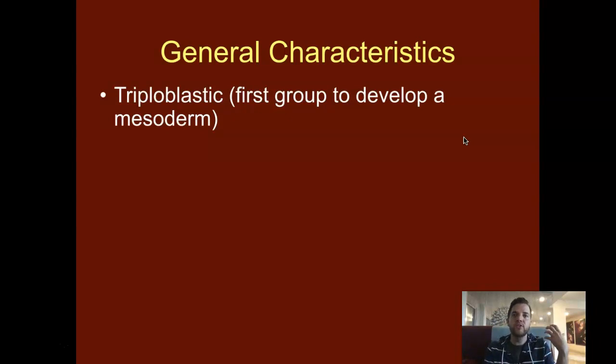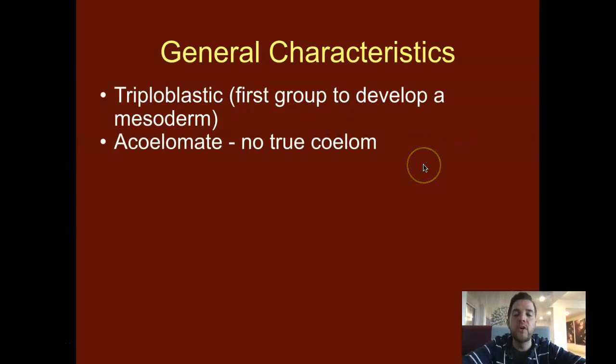The mesoderm is traditionally going to develop into possibly a coelom or an internal cavity where they can have organs. The mesoderm also is what actually develops into the organs. So if they do have organs, they are likely going to be developed from the mesoderm. Even though they have a mesoderm and they are triploblastic, they are acoelomates. What that means is that if you were to look at a cross-section of them, you would see no cavity.